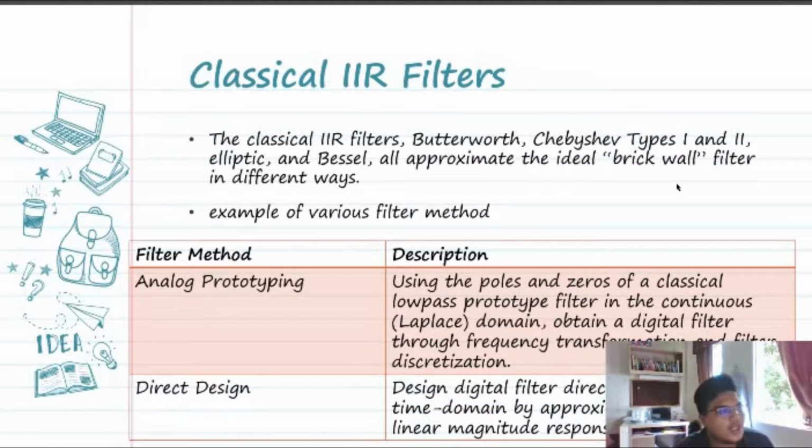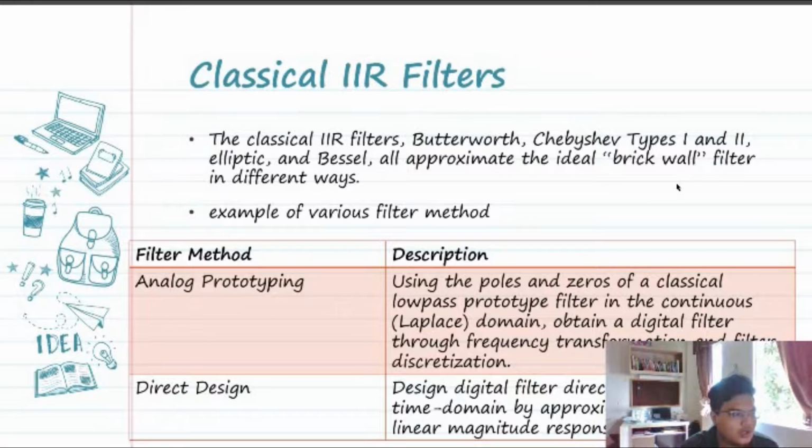For classical IIR filters, there are Butterworth, Chebyshev type 1 and type 2, elliptic and Bessel. All of them approximate the ideal brick wall filter in different ways. There are various filter design methods, so I will only give a briefing about the analog prototype.